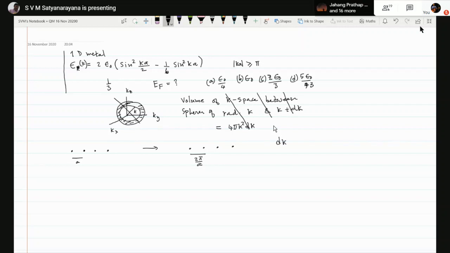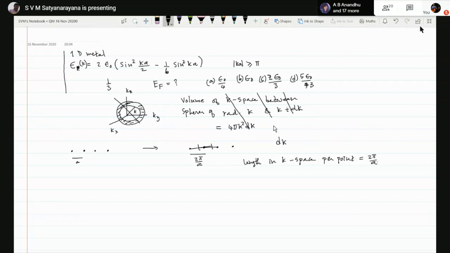But now you ask the question: how many? For a point in the reciprocal lattice, the length associated with that is 2 pi by a, like a Wigner-Seitz cell in a one-dimensional lattice. So the length in k space per point is 2 pi by a.